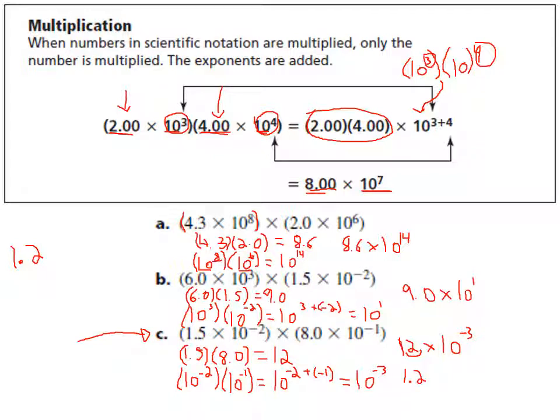Now remember that when you move your decimal over to the left, what you're doing is you're adding 1 to your exponent of 10 here. So we're doing plus 1. So this 12 times 10 to the power of negative 3 becomes 1.2 times 10 to the power of negative 2.